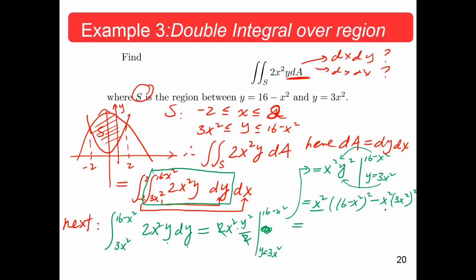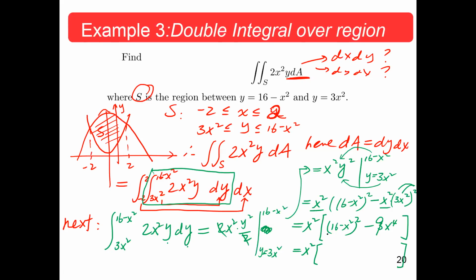Basically you can take out the x squared as the common factor, and you only have 16 minus x squared squared minus 3x squared squared, which gives you 9x to the 4th. Let's expand 16 minus x squared squared minus 9x to the 4th. This shouldn't be hard because this is a perfect square.